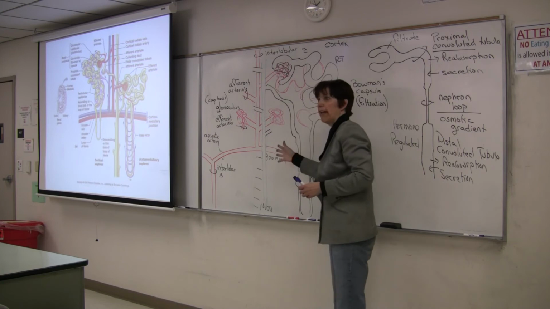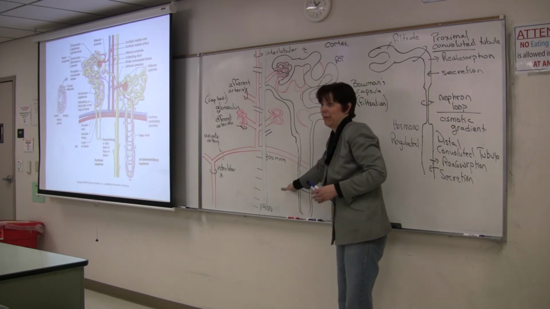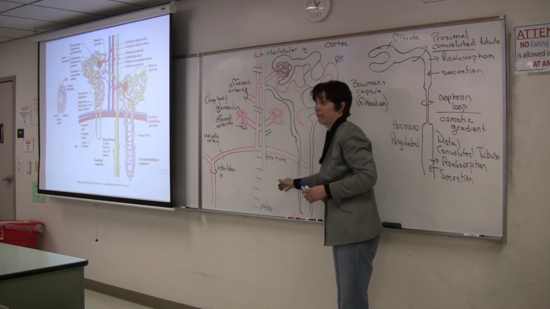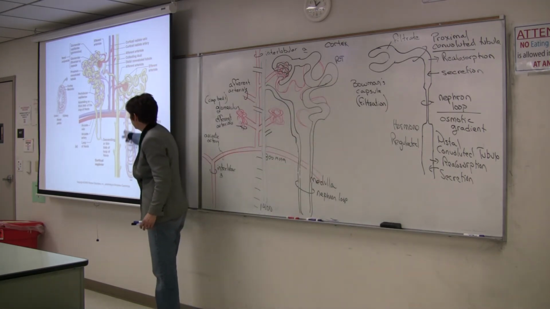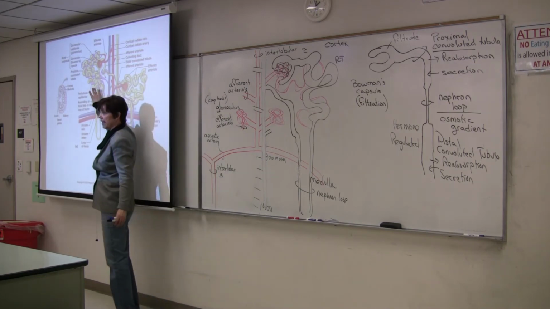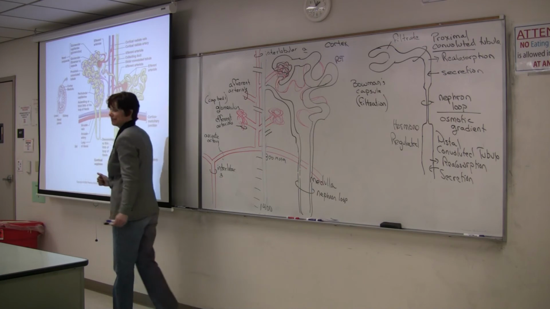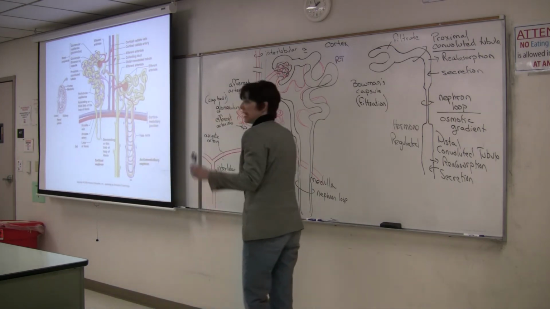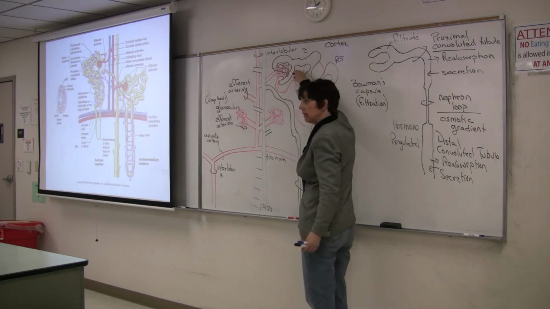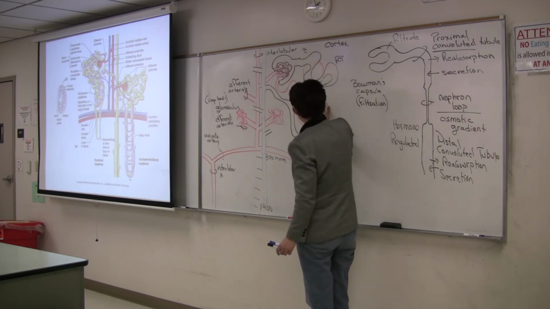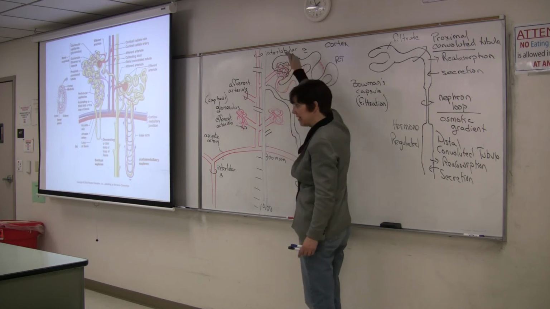Vasa recta are found only in the medulla. So here are the vasa recta, found only in the medulla. Peritubular capillaries are found only in the cortex. As far as the nephron itself is concerned, the capsule and the proximal convoluted tubule and the distal convoluted tubule are found only in the cortex.